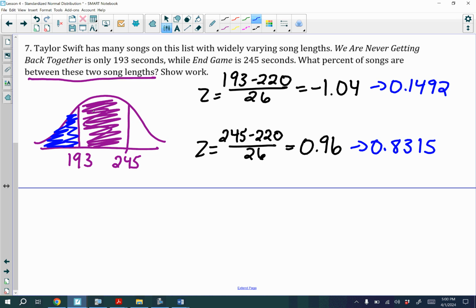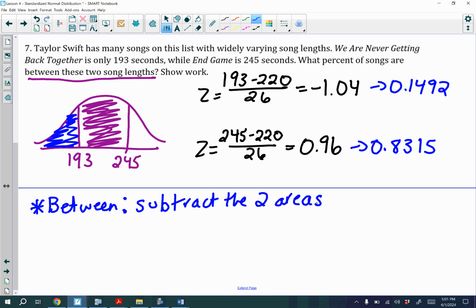So anytime they ask you for between, you're going to have to subtract the two areas. Now, if we think about this, we're thinking about percentage. Percentage cannot be negative. So when we subtract, we're going to take the bigger of the two areas, so that is the 0.8315, and then subtract the smaller from it to have a positive percentage.